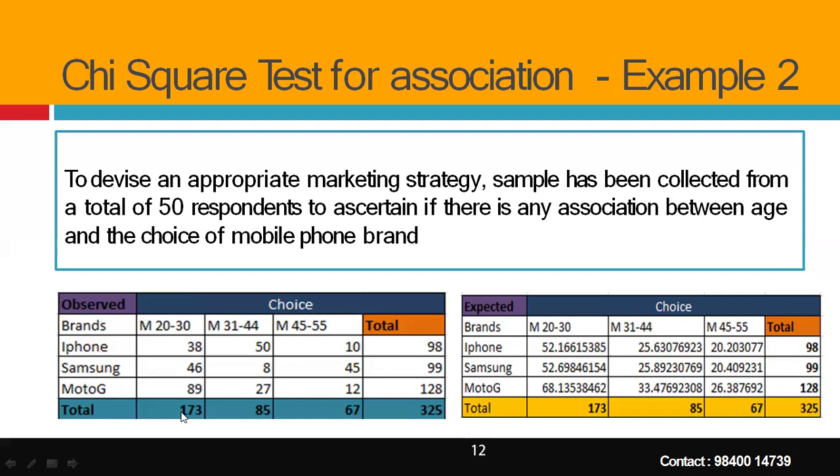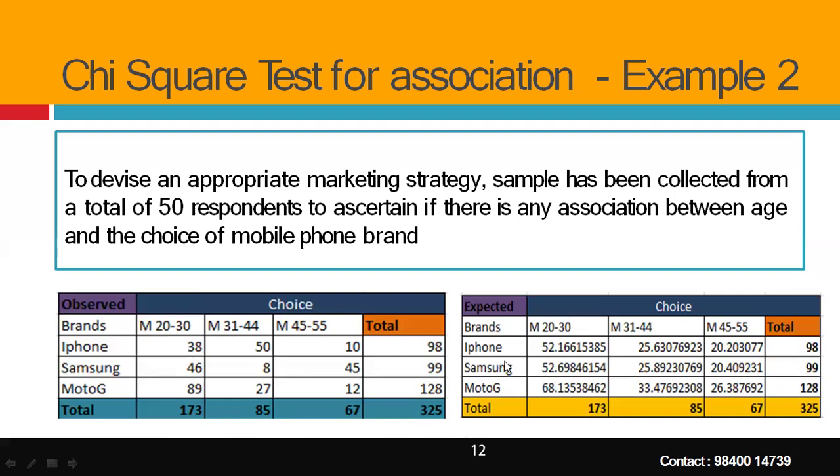Take the column total, 173, times the row total, divided by the grand total, and that is your 52 point something. Similarly, for each cell you take its column total and its row total divided by the grand total, and you get the expected value.